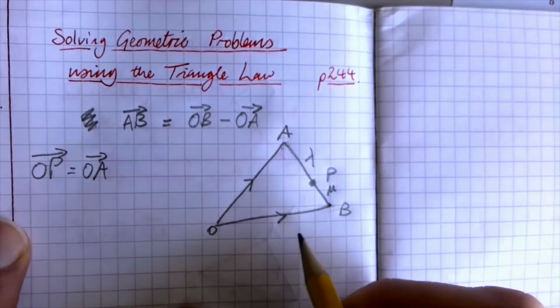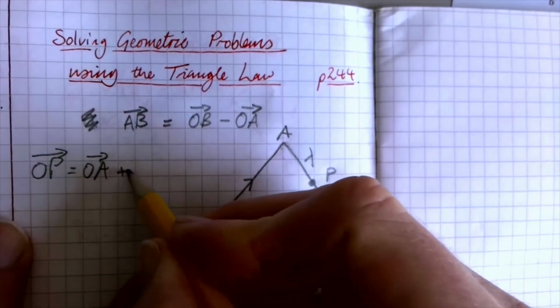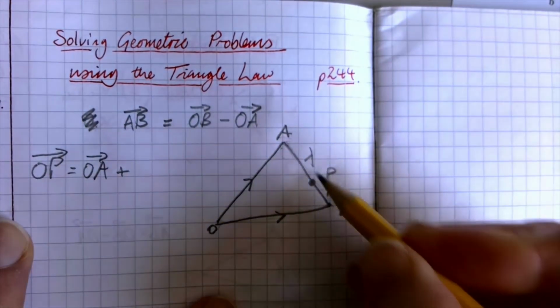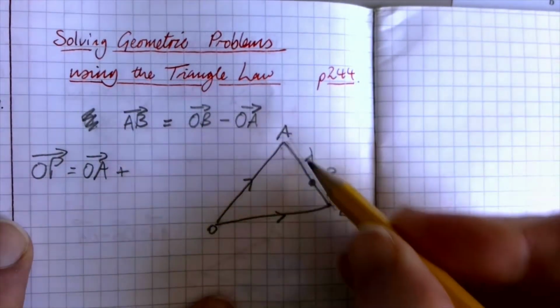OA, and then I'm adding to that the fraction of the overall distance from A to B that this is.